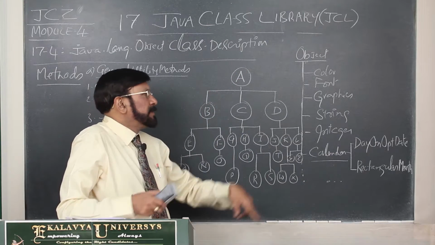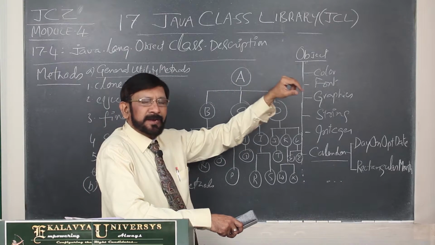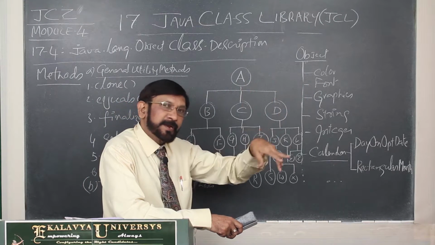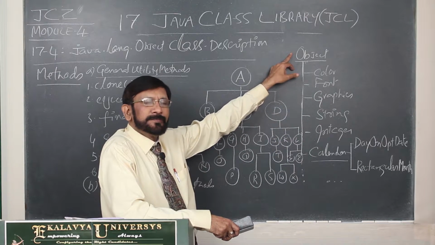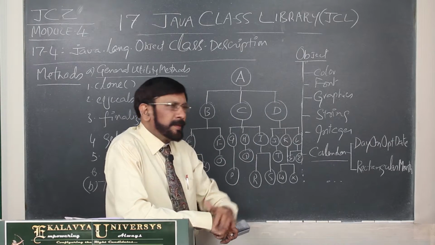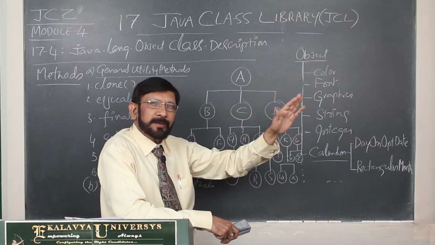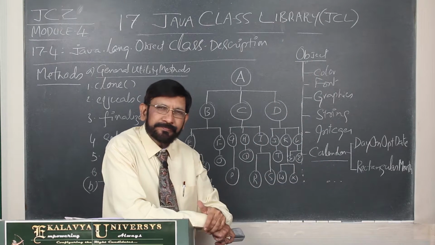Common facility. Suppose whatever general utility services may be required by the Java classes are provided by the Object class, as it is the superclass by its status. Every Java class can inherit it.